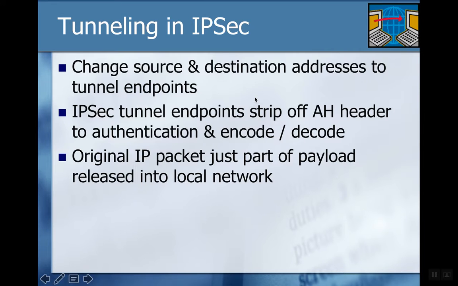So the idea is you do tunneling. It's between two endpoints. You establish the communication between, like, firewall to firewall, or to endpoints actually, tunnel endpoints, and then you strip off the security stuff, and it'll kind of repackage it, and then send the original packet as part of a payload that is sent to the other side.